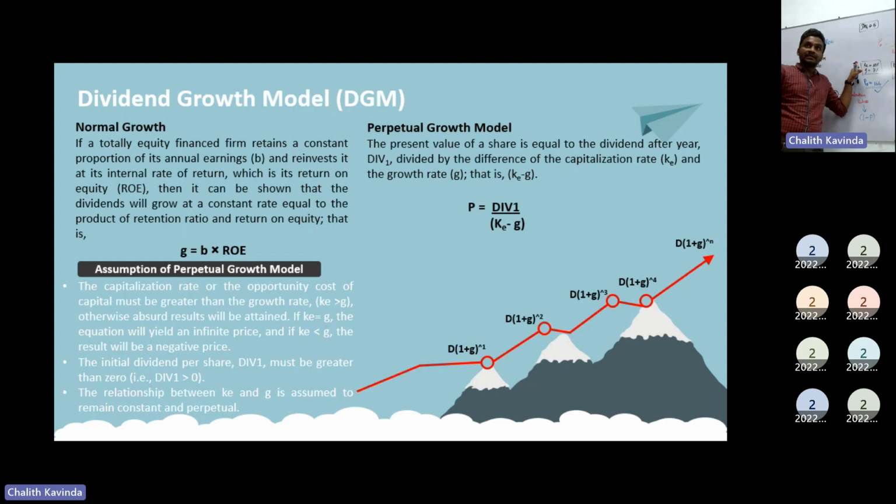Till infinity, we are using this particular formula. If the growth rate is linked with a year, we are using the present value calculation. But if the growth rate is not linked with a particular number of years, we are using this perpetual formula.